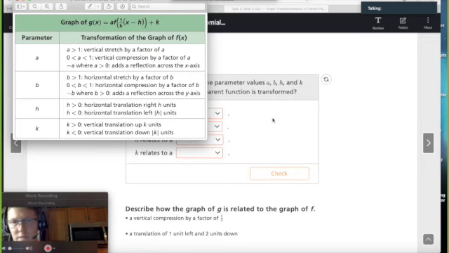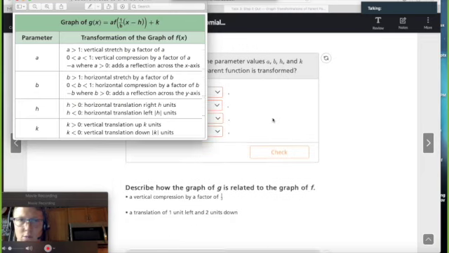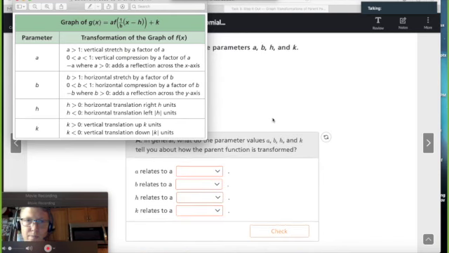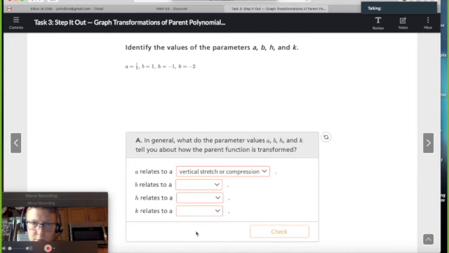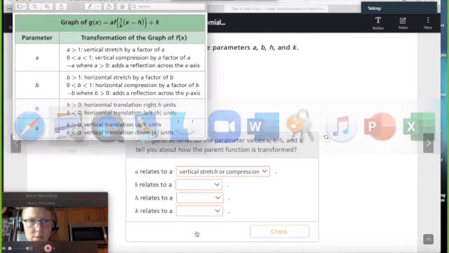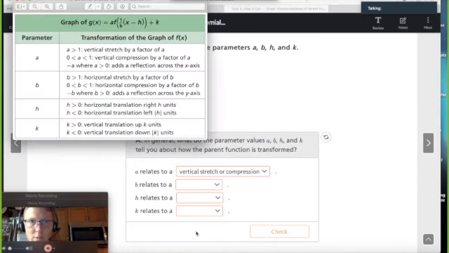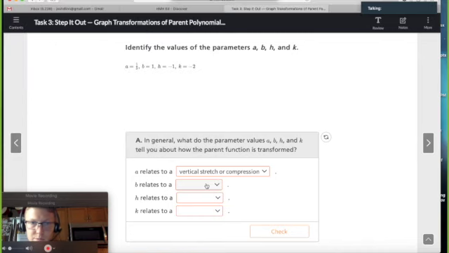So using this chart, a relates to a vertical stretch or compression. b relates to a horizontal stretch or compression.